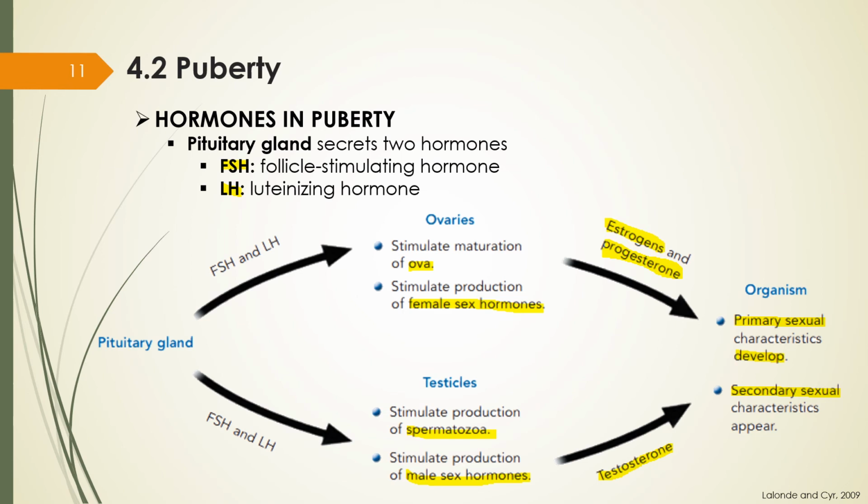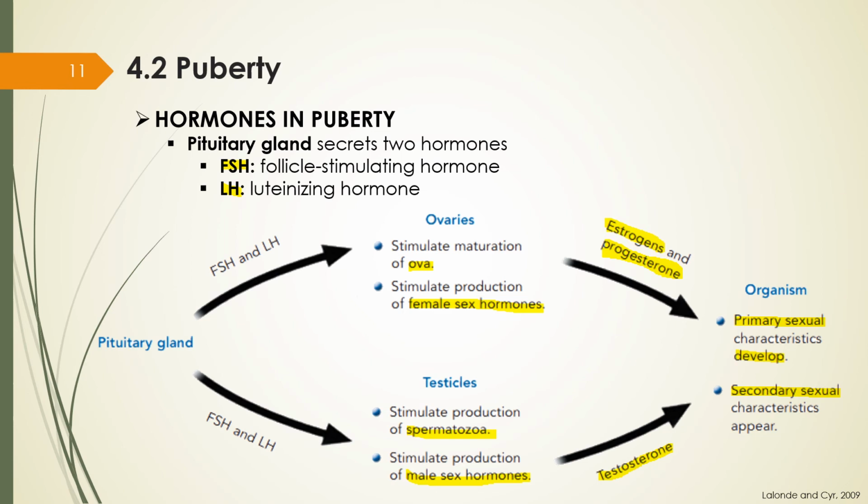In the ovaries, it's going to stimulate the maturation of the eggs, and also it's going to produce the female sex hormones. What are the female sex hormones? Estrogen and progesterone. What are they going to do? They're going to develop the primary and secondary sexual characteristics in the girl.